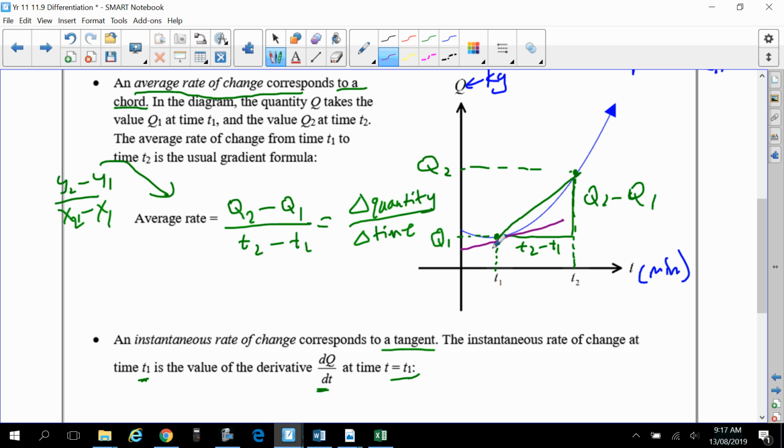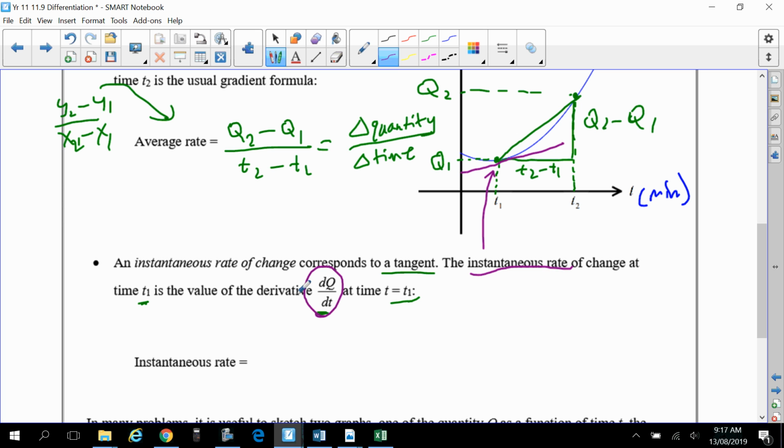Instantaneous rate is dq/dt, or you can think of it as the limit as delta t approaches 0 of change in q over change in t, and that becomes the derivative, which you evaluate at t equal to t1. So if you want to find the instantaneous rate at time t1, you substitute.